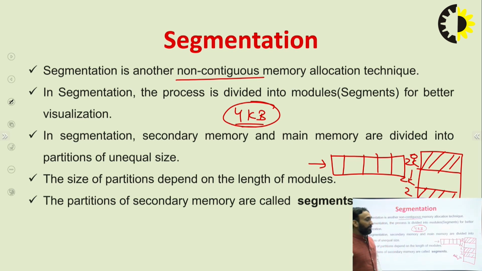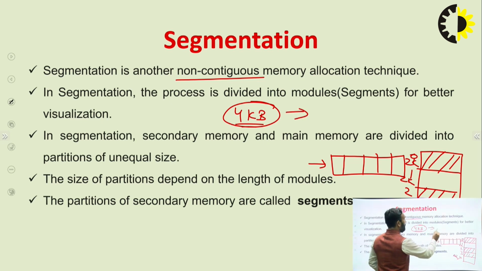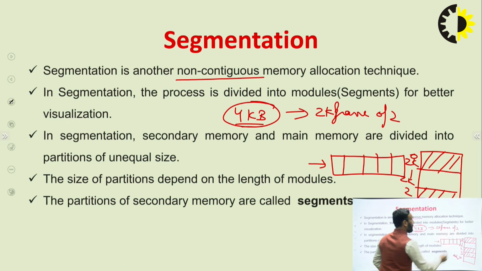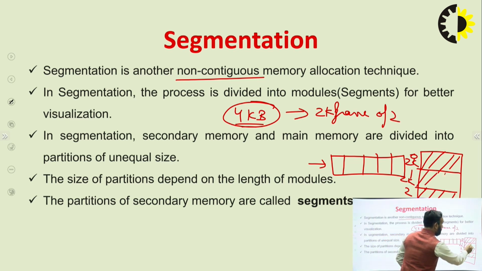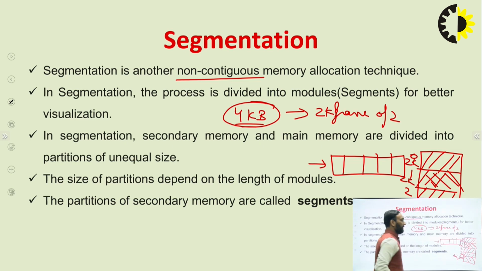So it will be divided according to the frame size into two 2K frames. It will be stored at location 1 and location 4, whatever. So the actual allocation is done in a non-contiguous form in this way.